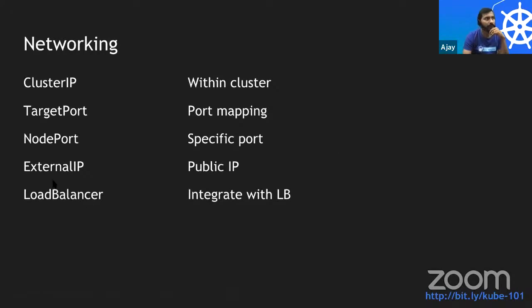Or you can use a load balancer which can be integrated to an on-prem or your cloud specific load balancer. This will register to that load balancer and get a unique IP address, and you can do cross-cluster communication. From one cluster you can use the same IP address and communicate.